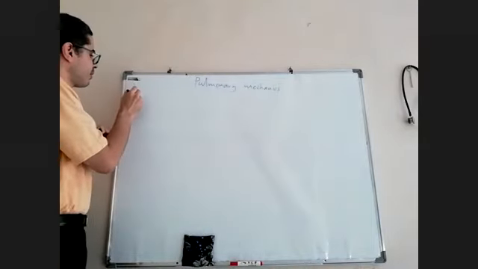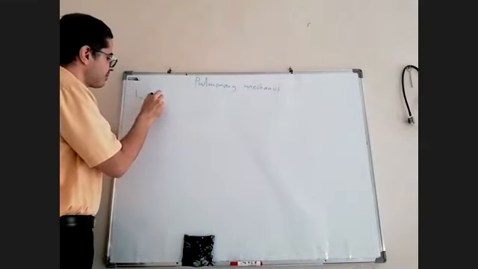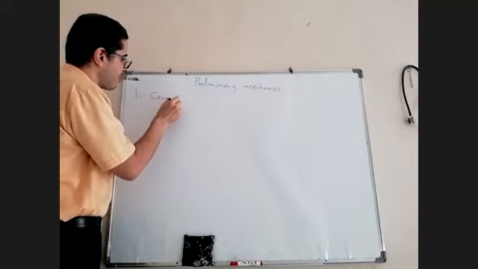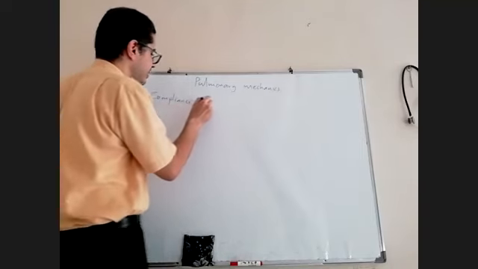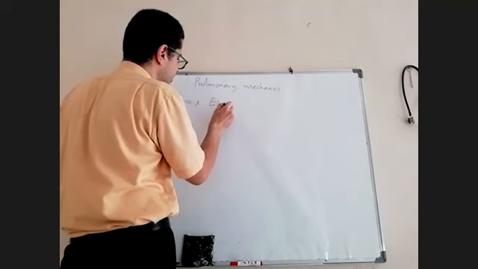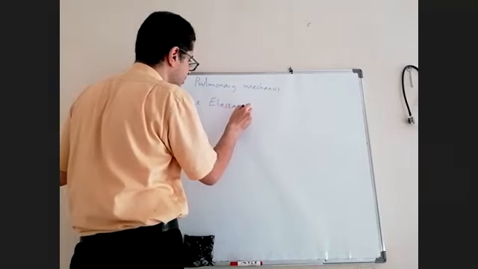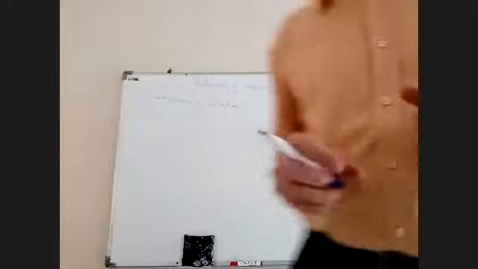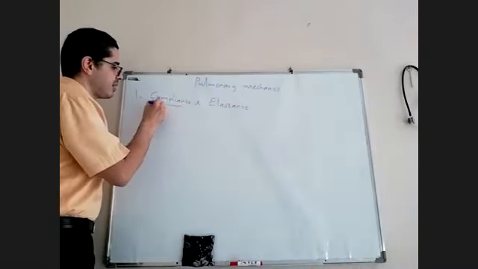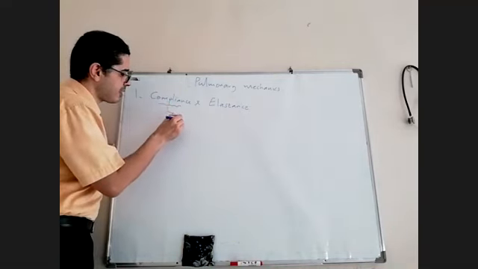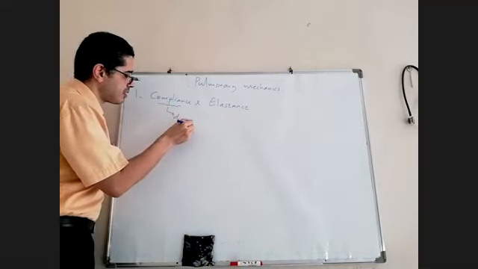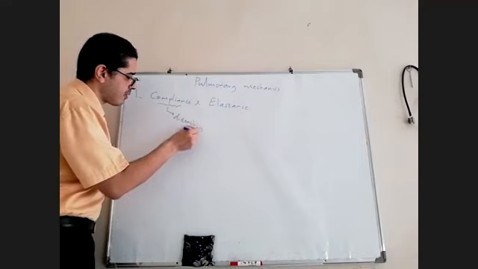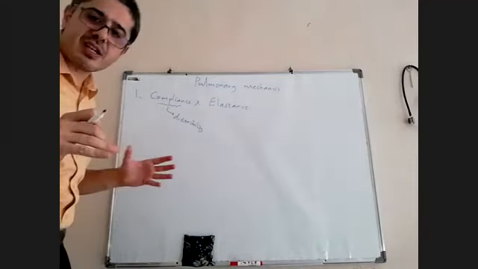Number one, compliance and elastance. Compliance and elastance are opposite each other. Compliance is distensibility, the ability to distend.